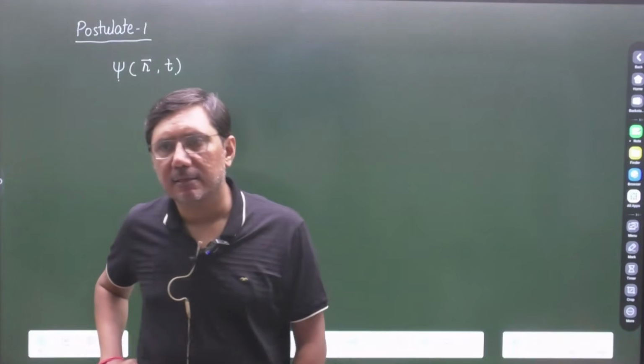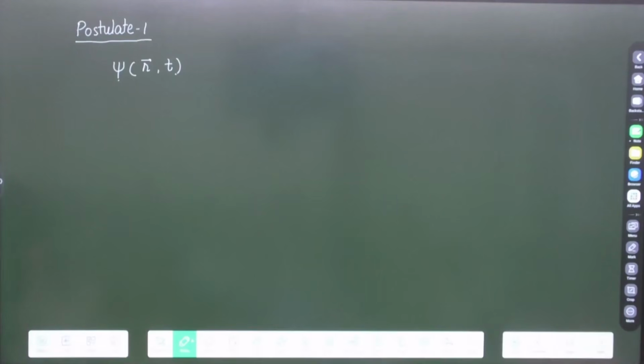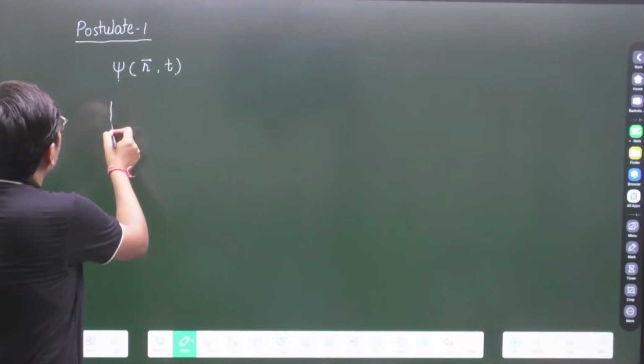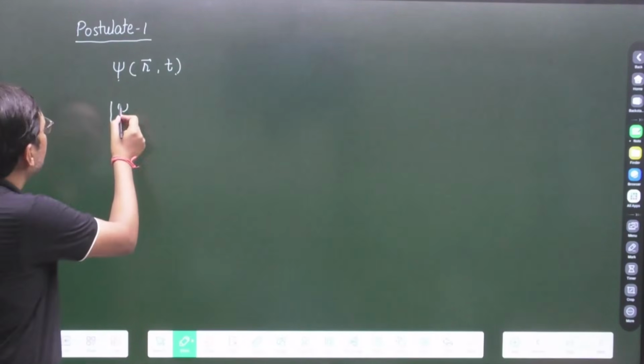Number 3. The probability of finding a particle at a given instant of time t in an infinitesimal volume d tau is given by |psi(r,t)|^2 times d tau.